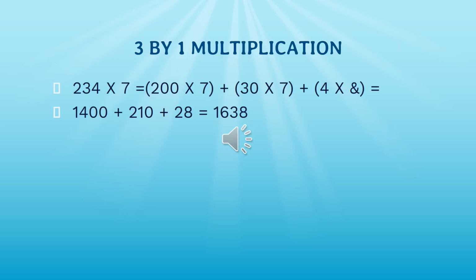So I have 200 times 7 plus 30 times 7 plus 4 times 7, and the partial products would be 200 times 7, that's 1400, 30 times 7, that's 210, 4 times 7, that's 28. Adding all these partial products, 1400 plus 210, that's 1610, plus 28, that's 1638.